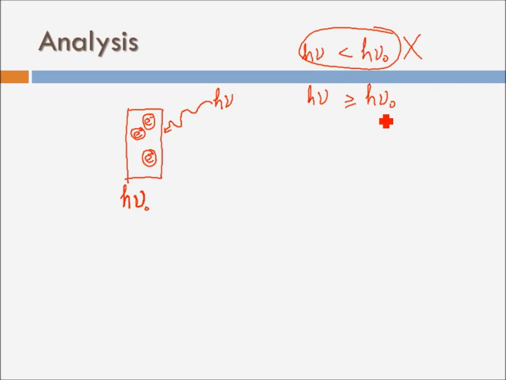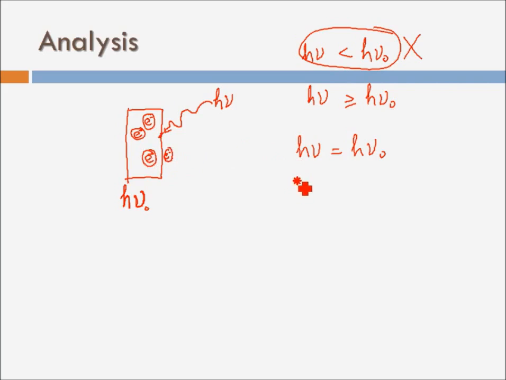But if h nu is greater than or equal to h nu naught, then we can see ejection of the electron. So what happens if h nu is equal to h nu naught? The light will strike the metallic surface, and as soon as it strikes, you will see an electron just lying at the surface. This electron has been ejected by the metal's body.